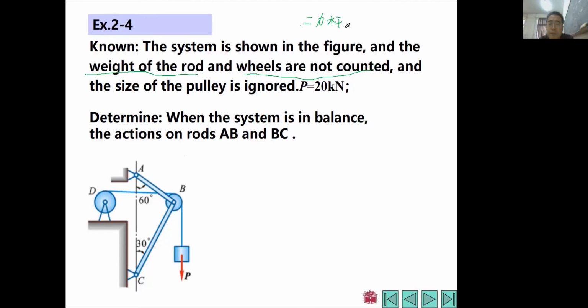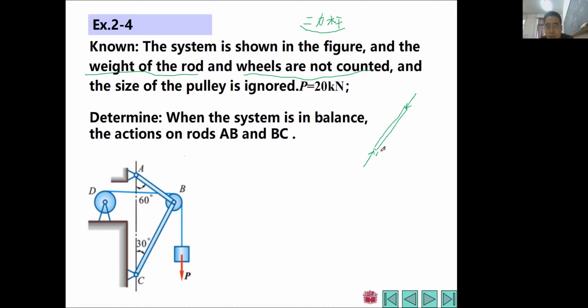What does a two-force rod mean? We know it only has two forces acting on it, and these two forces must have the same magnitude, opposite direction, and be collinear along the line linking these 2 points.